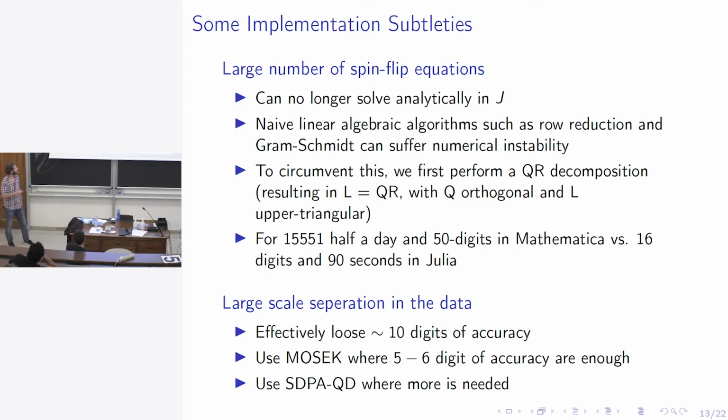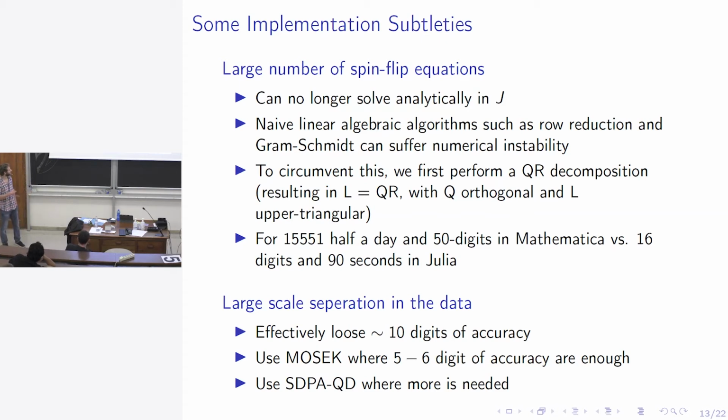And here I'm talking about using the SDP for finding the minimum and maximum values for some correlator given some set of semi-definite positive matrices. So here in this first step, the bottleneck is, I would say, yes, extracting a maximal subset of linearly independent equations.